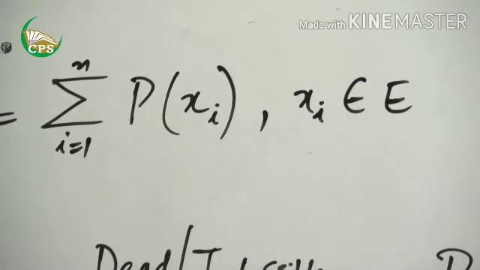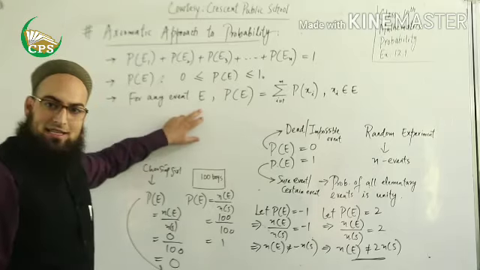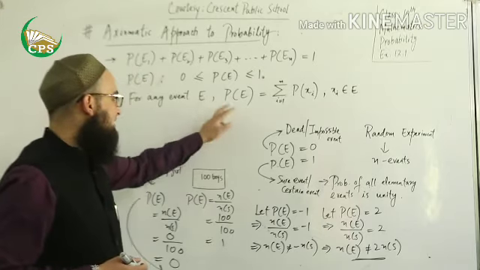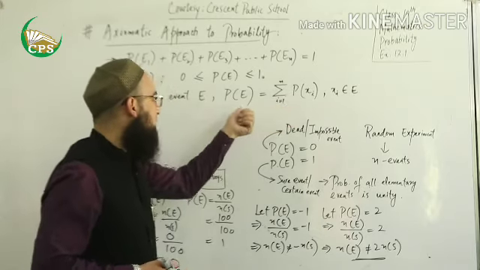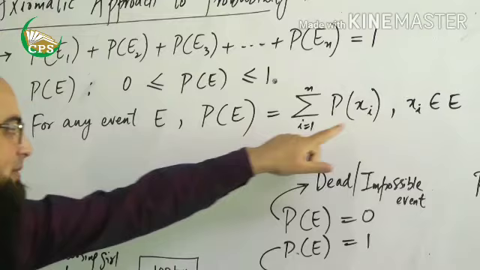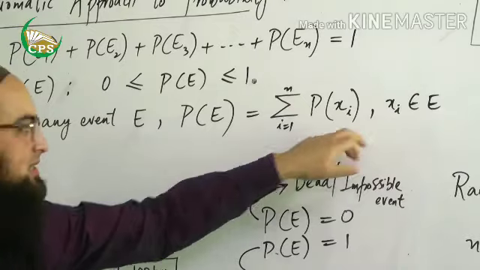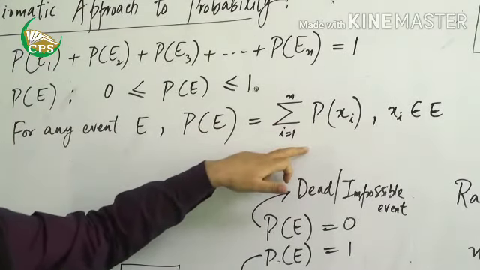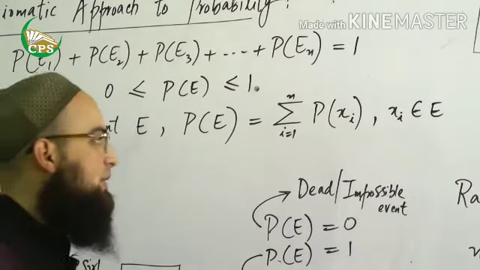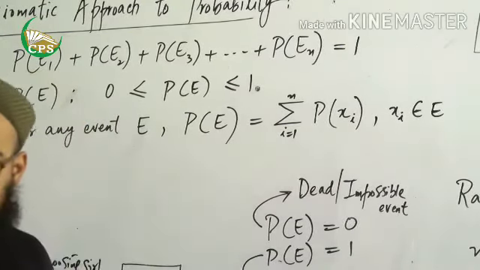What do I mean? For any event E, if you want to find the probability of that event, it is equal to the summation of probabilities of the individual elements, individual points in that E, because xi is some element ranging from 1 through n. It can be x1, x2, x3, x4, xn, whatever the number of elements in that event, because an event is a set and it has some number of elements.